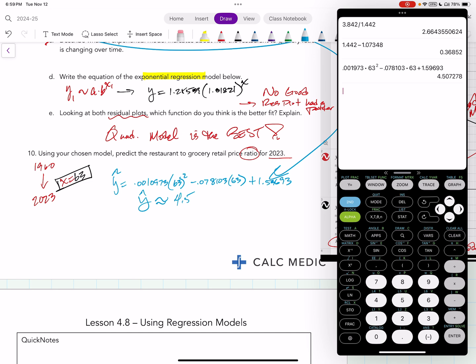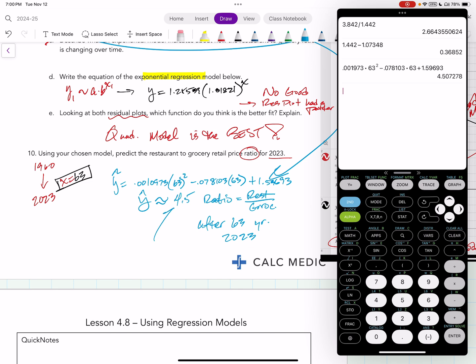And this is 63 years after. So this is your ratio right here, the restaurant to grocery ratio after 63 years, in the year 2023. 4.5 times greater.